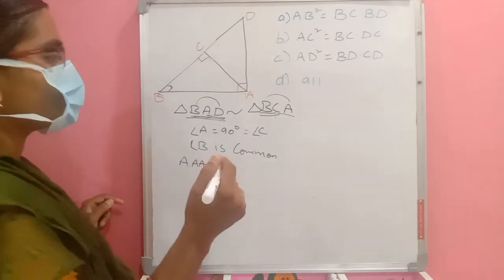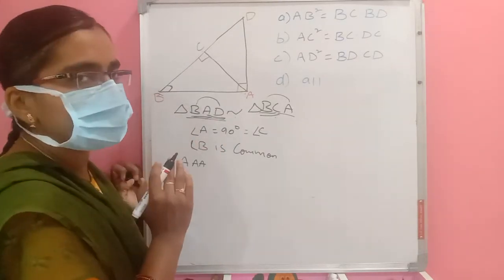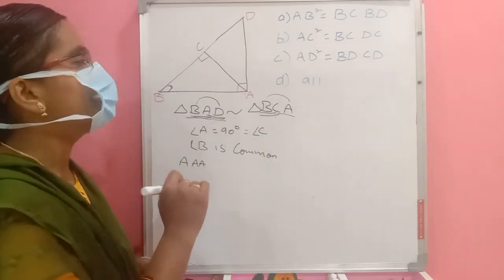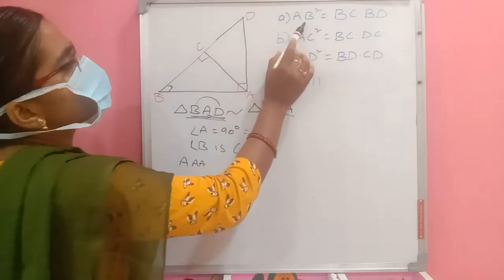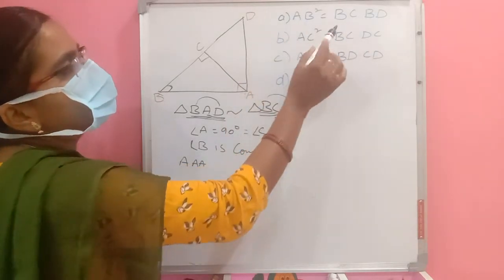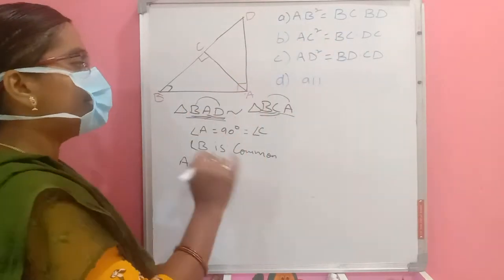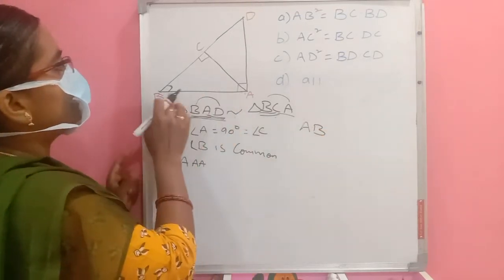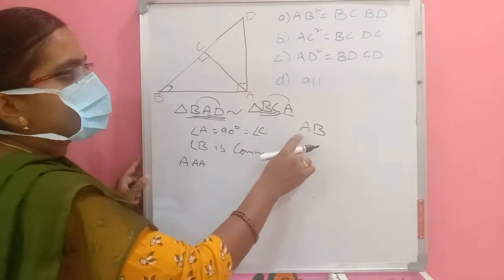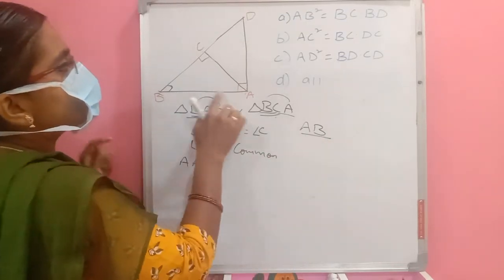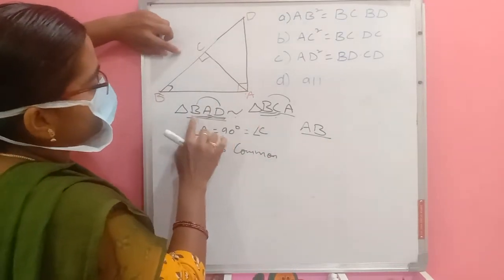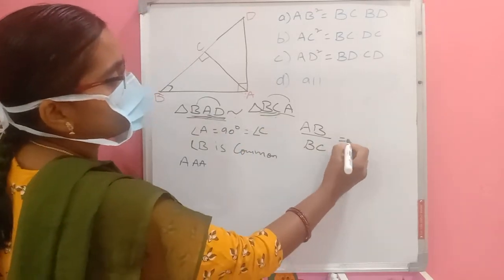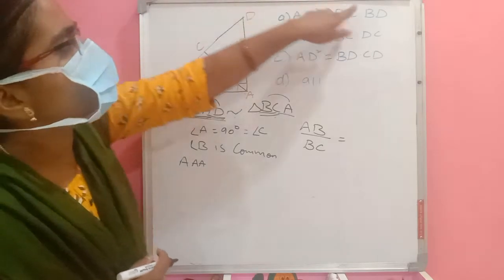If these two are similar triangles, we can write that the ratios of corresponding sides are equal. We need AB, BC and BD. In triangle BAD, one side is AB and its corresponding side is BC. The ratio is equal to the next one, we need BD.